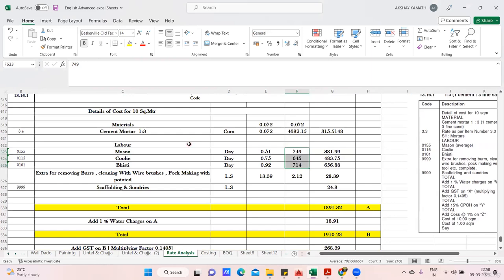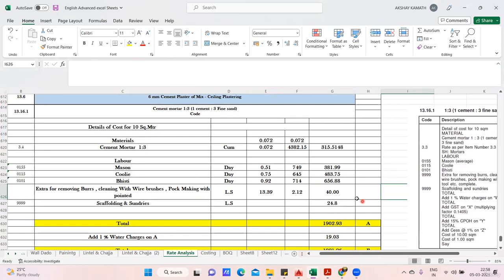If there are a lot of undulations and all, then what will happen? You need to clear those undulations. For that, you require an extra brush to clean all those things. So as a lump sum, they've added some 28 rupees. So you can directly add like 30 rupees extra, or let us say 40 rupees is required to purchase a brush to clean all those things. Okay, that is one thing you can do.